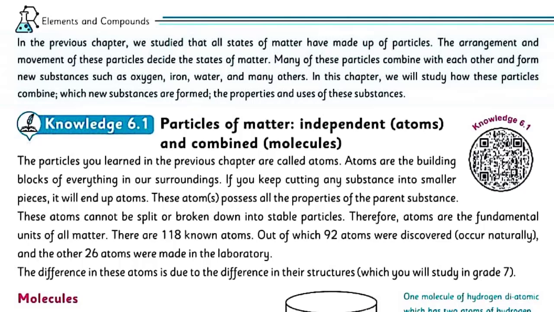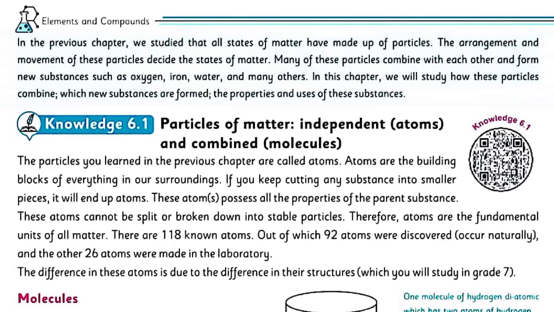If you keep cutting any substance into smaller pieces, it will end up as atoms. These atoms possess all the properties of the parent substance. These atoms cannot be split or broken down into stable particles.